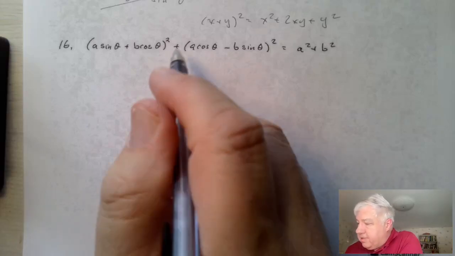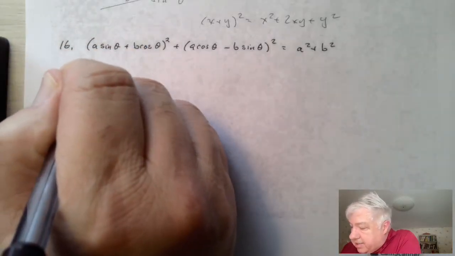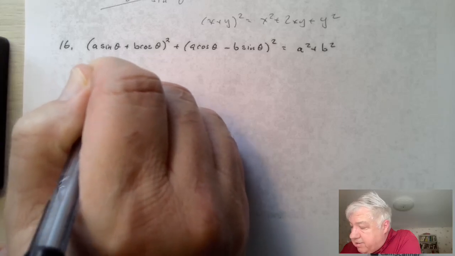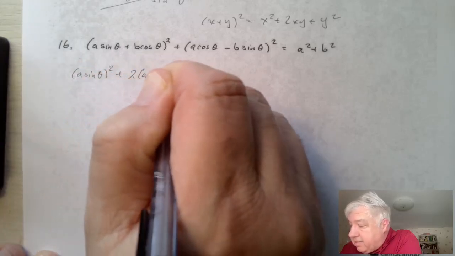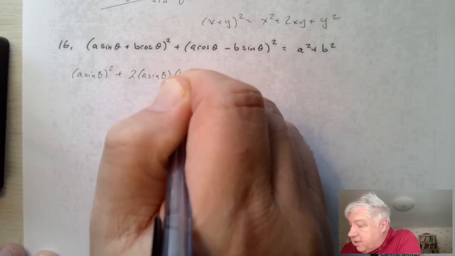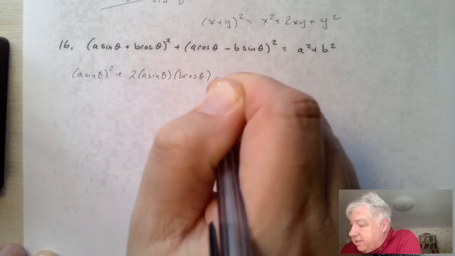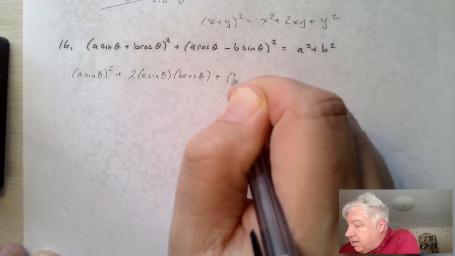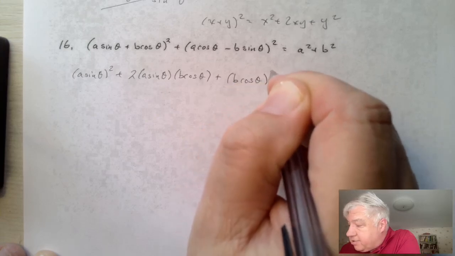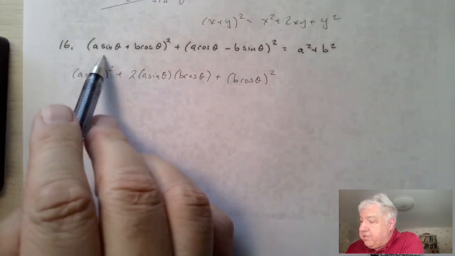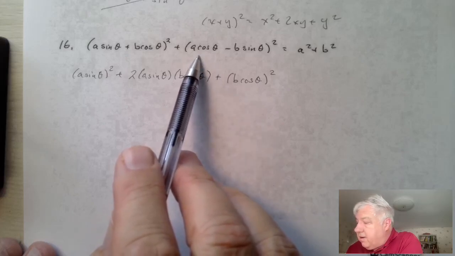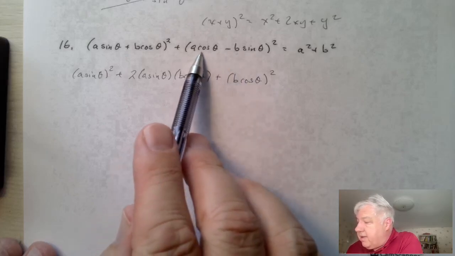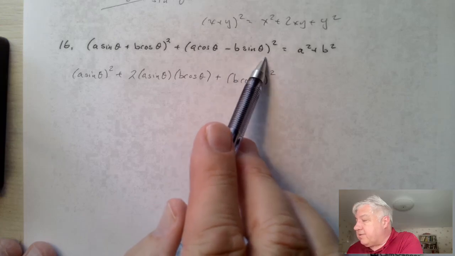So this is equal to a sine theta squared plus 2a sine theta b cosine theta plus b cosine theta squared. Okay, so that's what this is. And then this is something minus something else squared.